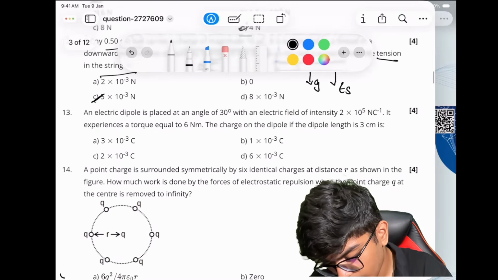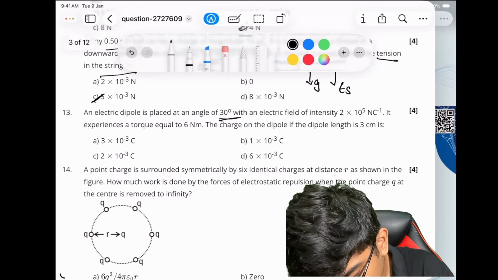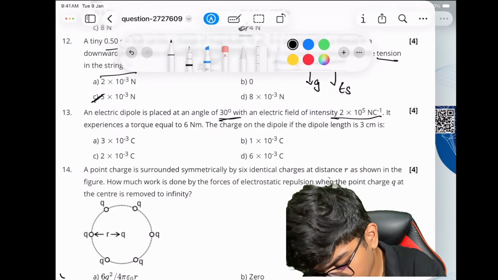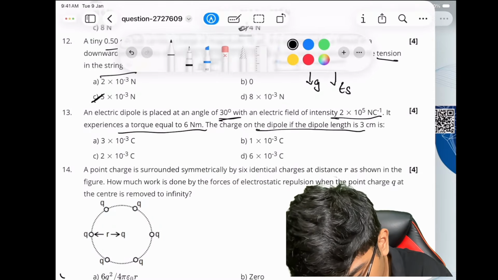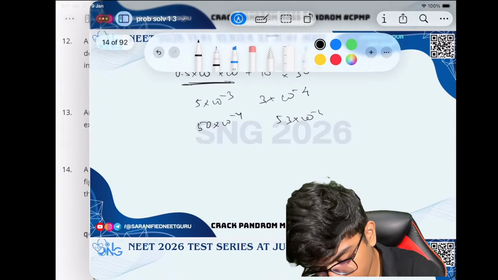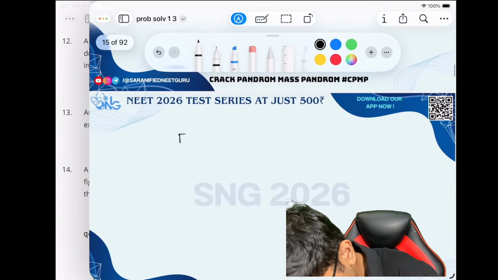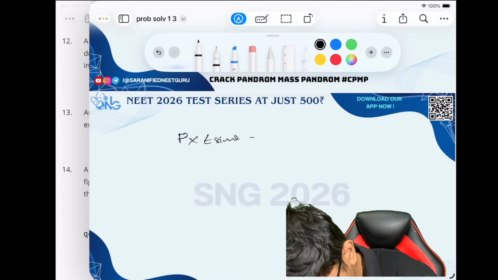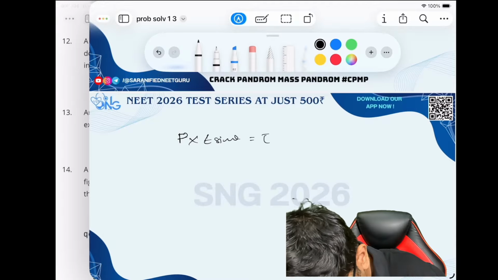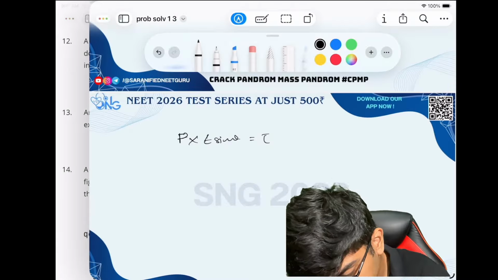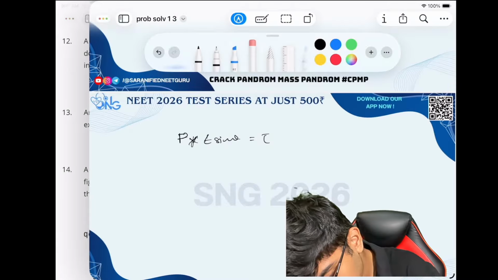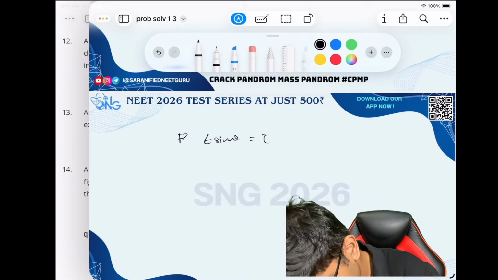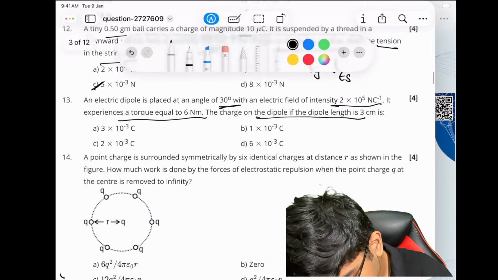Correct. Dipole is placed at an angle of 30 degrees. So the field intensity and torque equal this much. P cross E sin theta is equal to torque tau. What is P here?